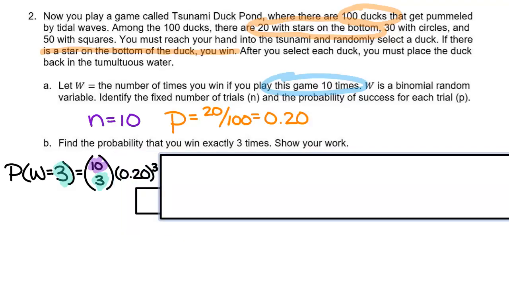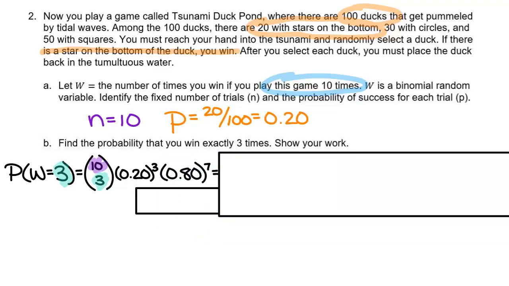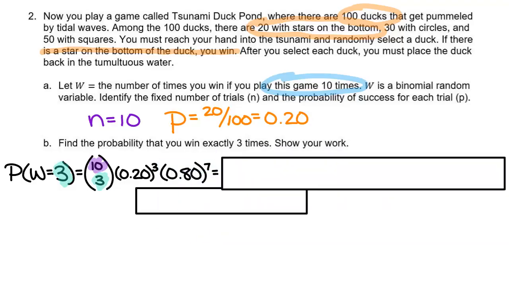Then we do our probability of success to the power of the number of successes, so 0.20 to the power of 3. And then we have our probability of failure to the power of the number of failures. If we get 10 trials and we want 3 successes, then we're going to have 7 failures. And the probability of failure would be 80%.